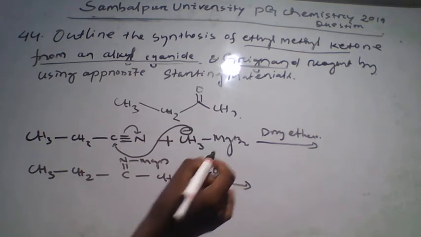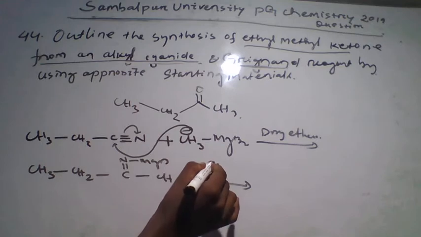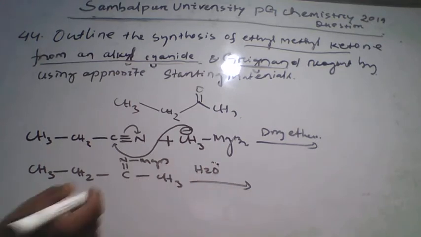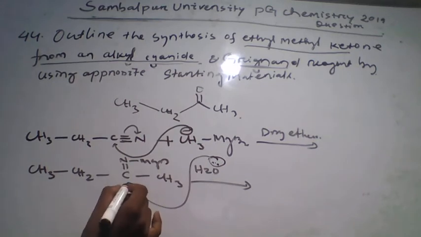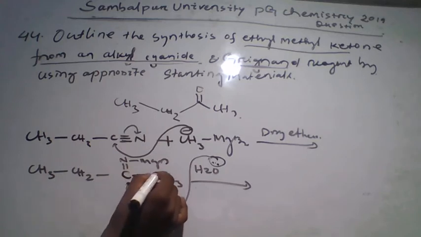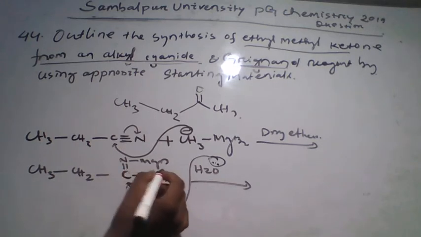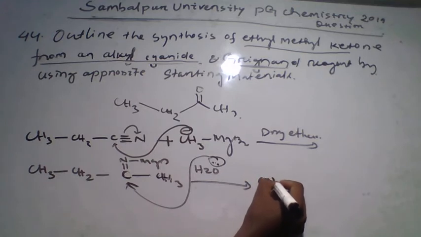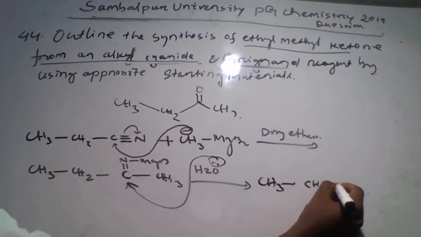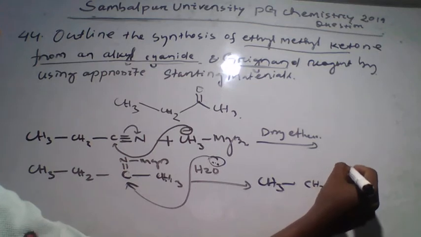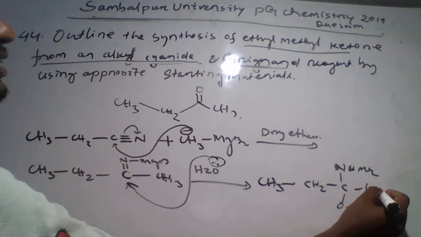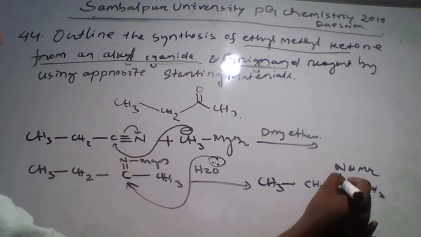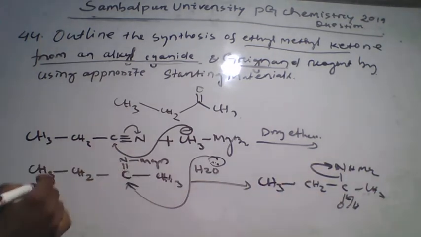If you do hydrolysis and work up this reaction, this molecule undergoes hydrolysis, and finally it will produce like this: NH, MgBr, OH, and CH3, and this bond comes like this and this goes like this.